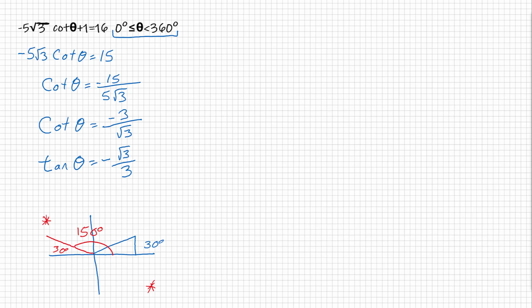I also need an angle in the fourth quadrant with a reference angle of 30 degrees, and that would correspond to 330 degrees. So in this case, the solutions that come from this equation are theta equals 150 degrees and 330 degrees.